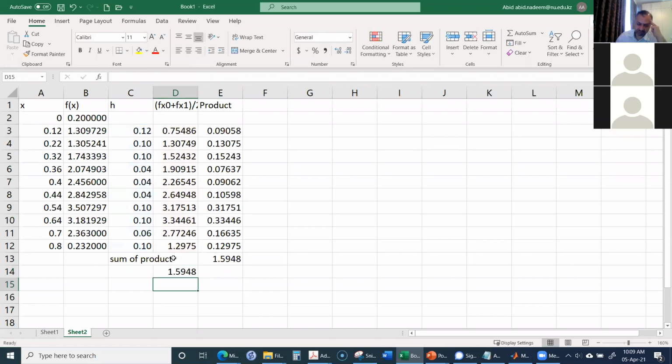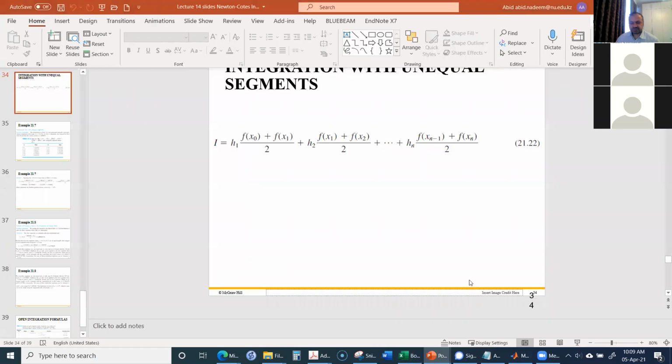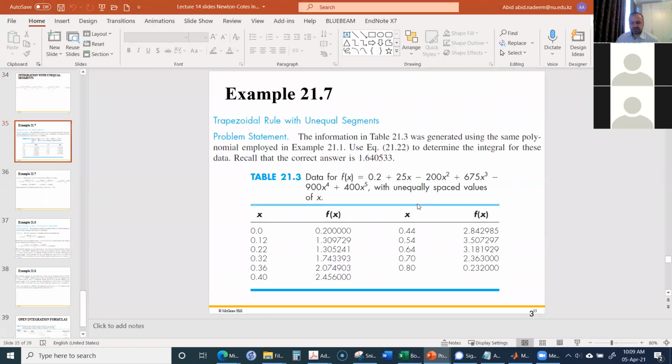So it will also give us the answer directly. Okay. So we can do it in a long way, or you can do it in a short way. Both ways you can do it. Okay. So 1.5948 will be the answer in this case.